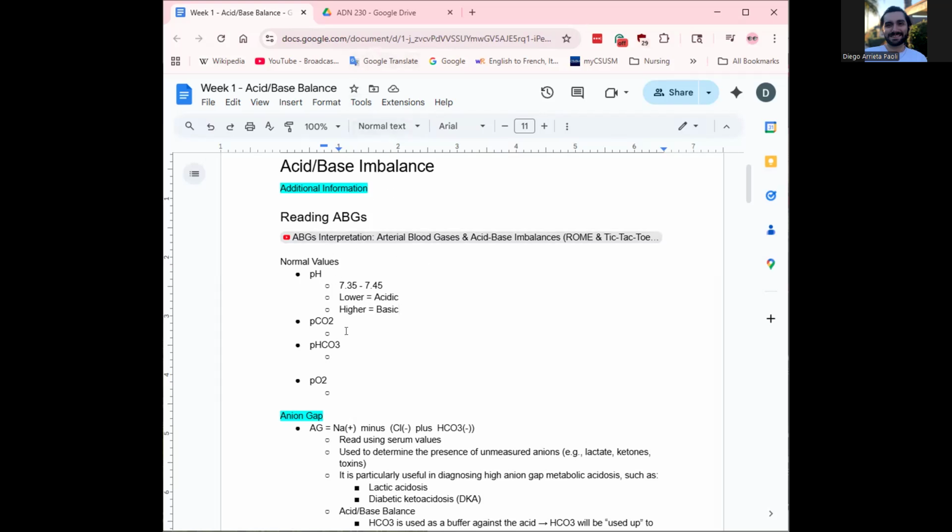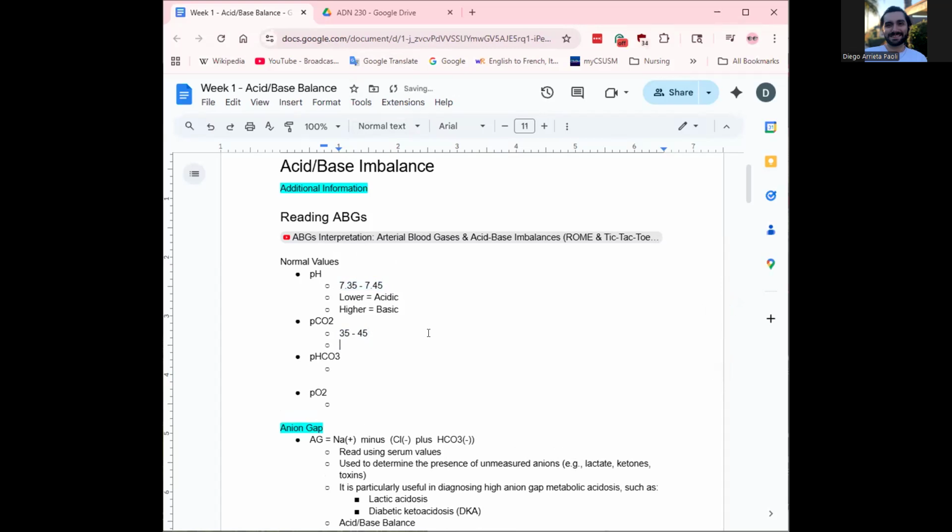Okay. So do you guys know the normal values for the PCO2? Yeah, the nice thing about this one is that you have pretty much the same numbers: 35 to 45.